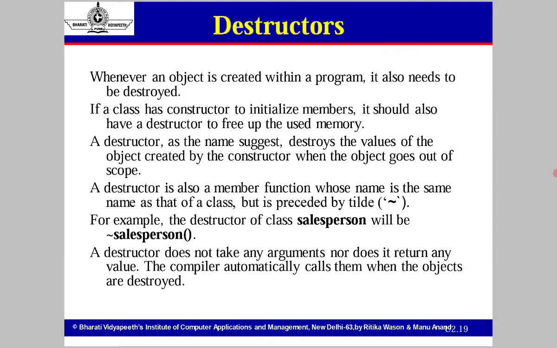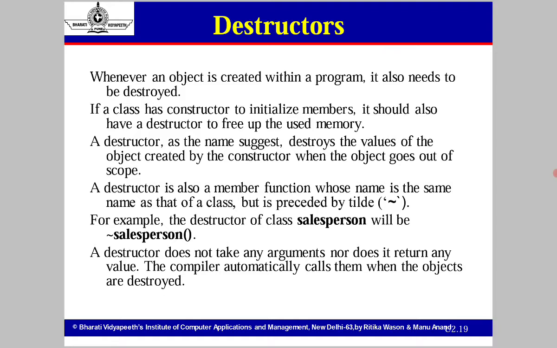For example, the destructor of class Salesperson will be ~Salesperson. A destructor does not take any arguments, nor does it return any value. The compiler automatically calls them when the objects are destroyed. So these are the points regarding destructors.